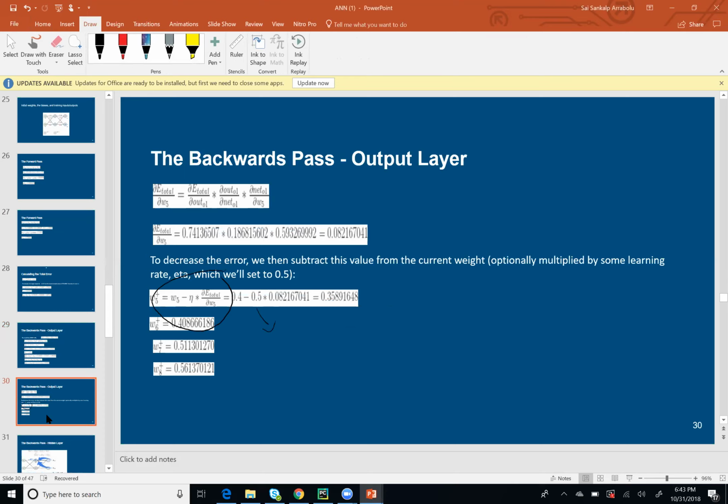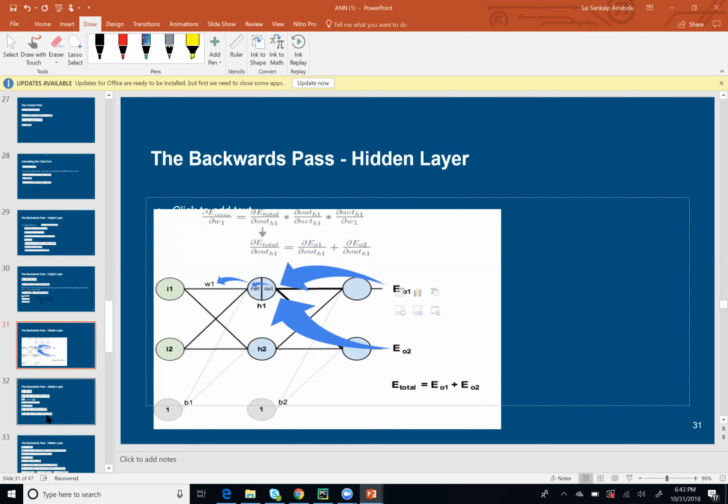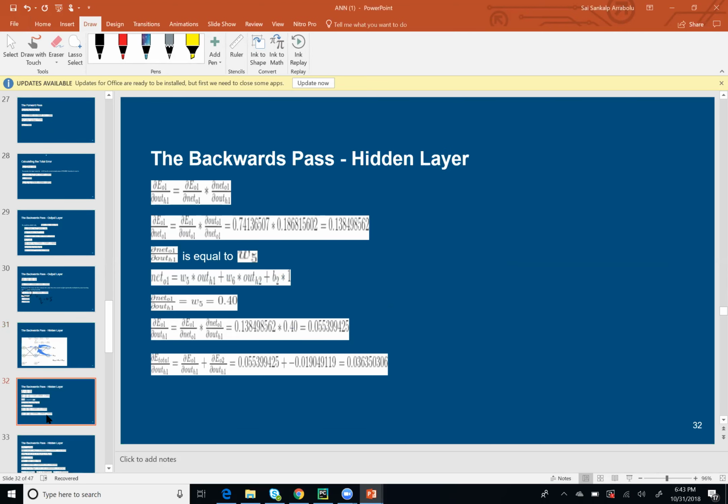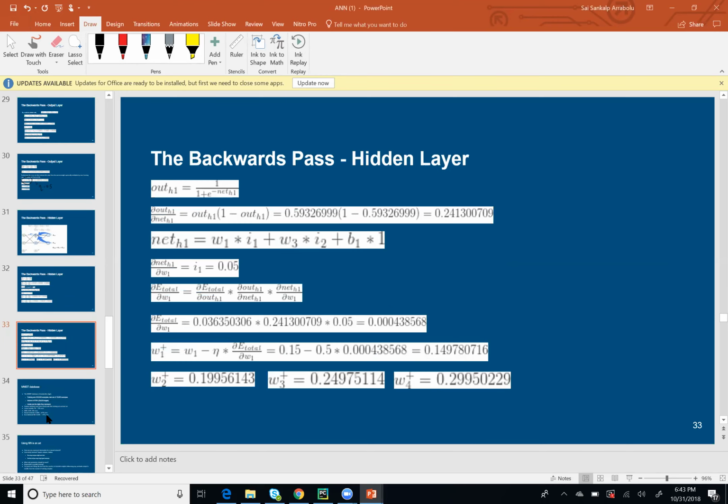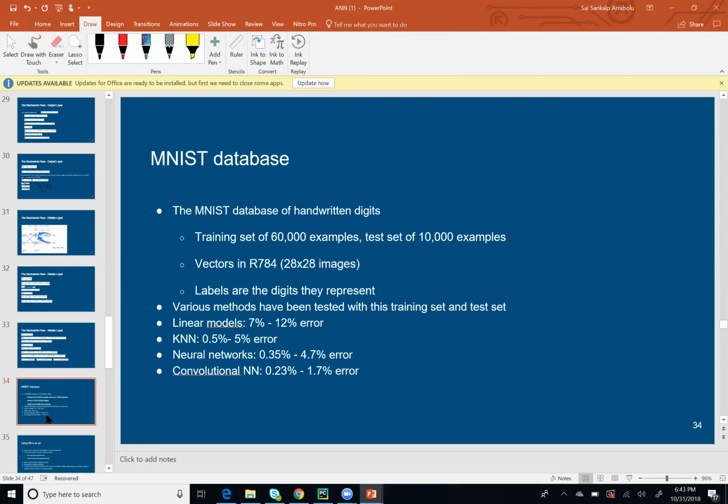Here we have used the learning rate of 0.5. This is also one more parameter which you can tune. Similarly, you get new weights, and once you apply those weights and recalculate, you will see that the error reduced significantly. If you do 2 epochs of such training, your error will become really small.